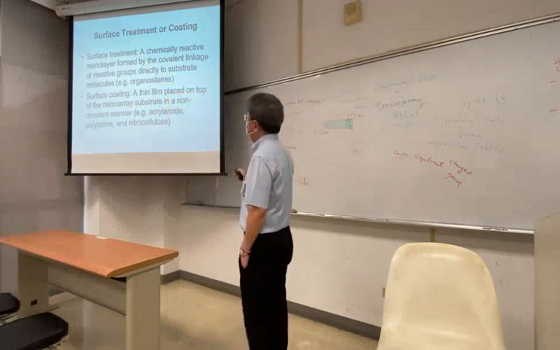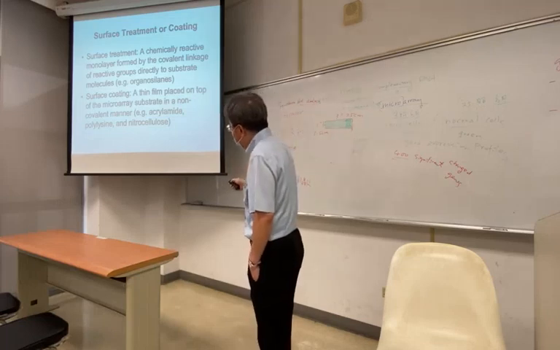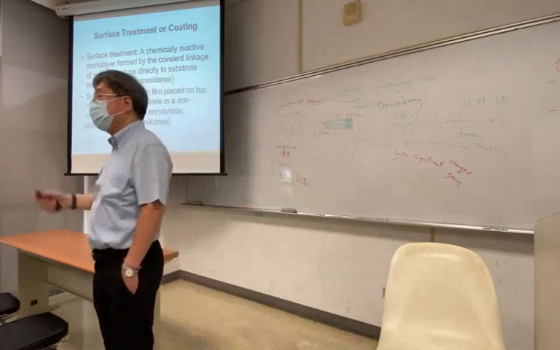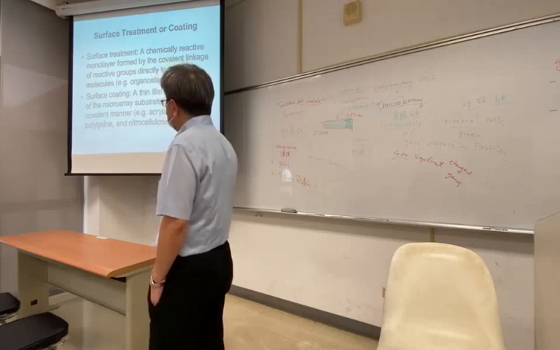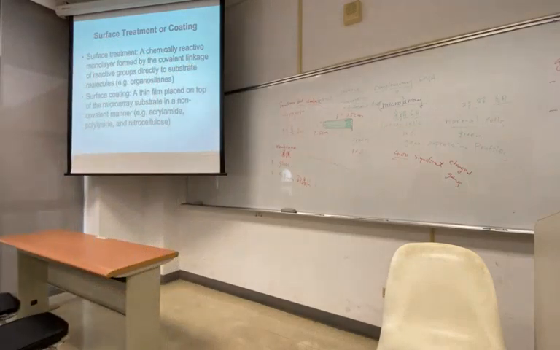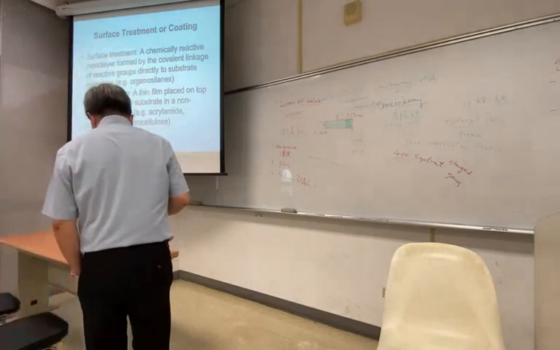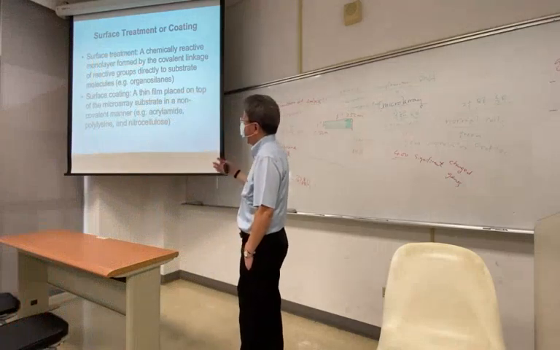Okay? So I told you the keyword is covalent linkage. This is non-covalent manner. 好，这是表面。那当然，if you ask me which one, this one probably 比较容易就是被洗掉或者是被处理掉。好，所以 two types of either surface coating or surface treatment.